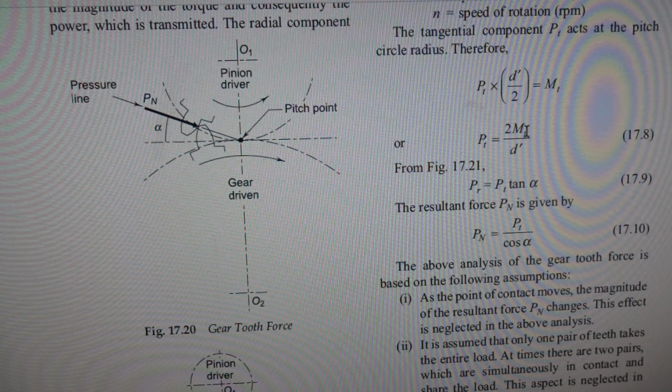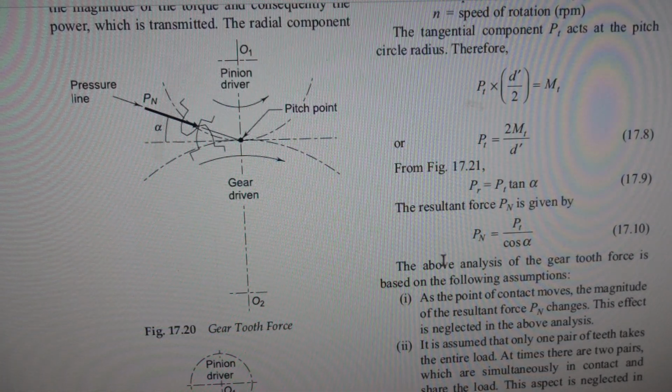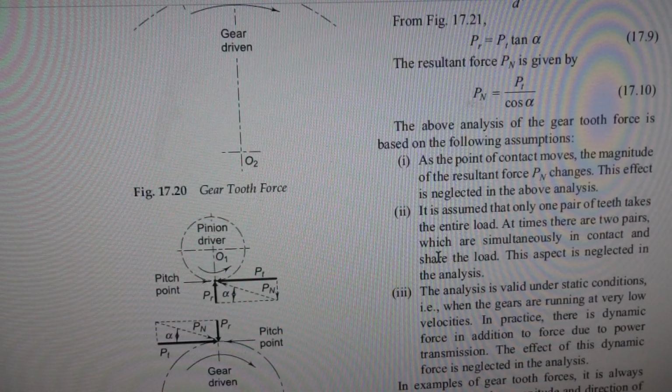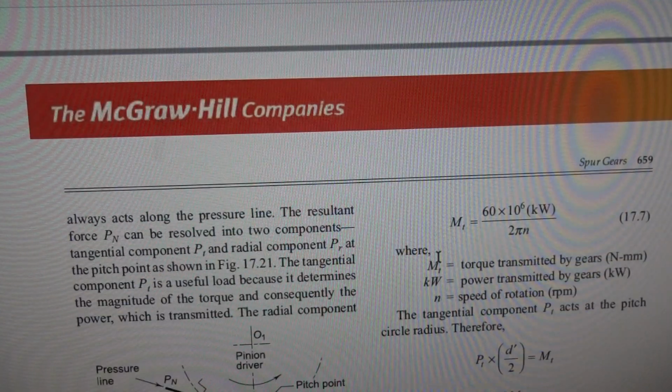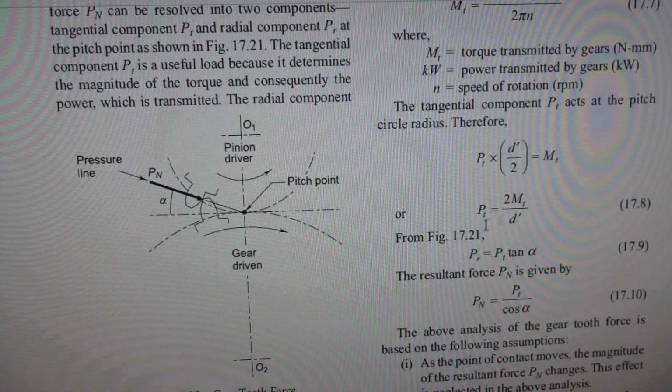So PT is equal to 2 MT divided by d dash. Here d dash is the pitch circle diameter of the pinion. It may be mentioned somewhere. So PT is equal to 2 MT by d dash.